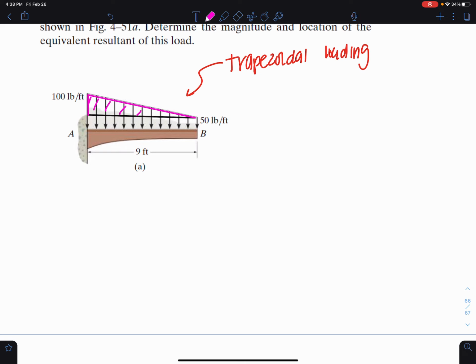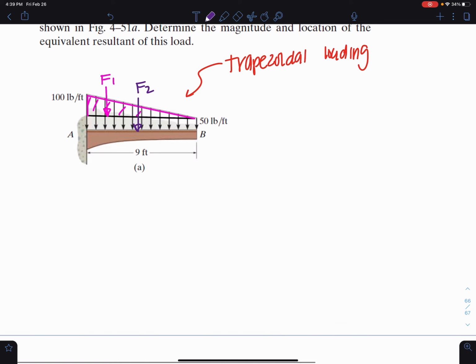So the first thing I'm going to do, I know that I have some resultant force, F1, acting somewhere along the geometric centroid, and I have some resultant force, F2, that acts along the geometric centroid of that area 2. This is going to be my area 2, the purple.